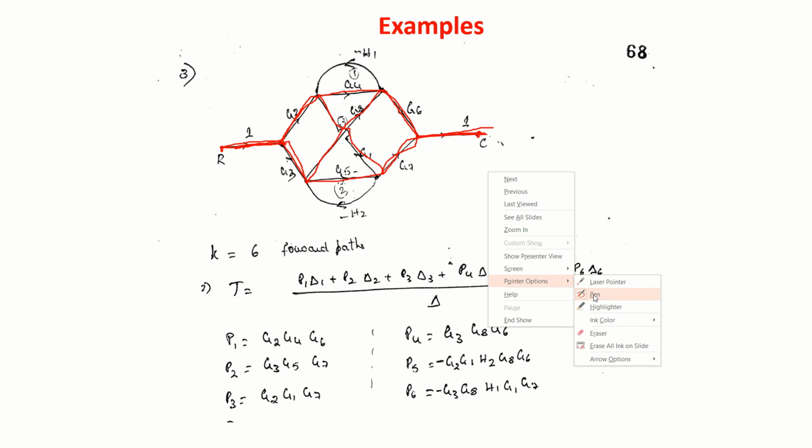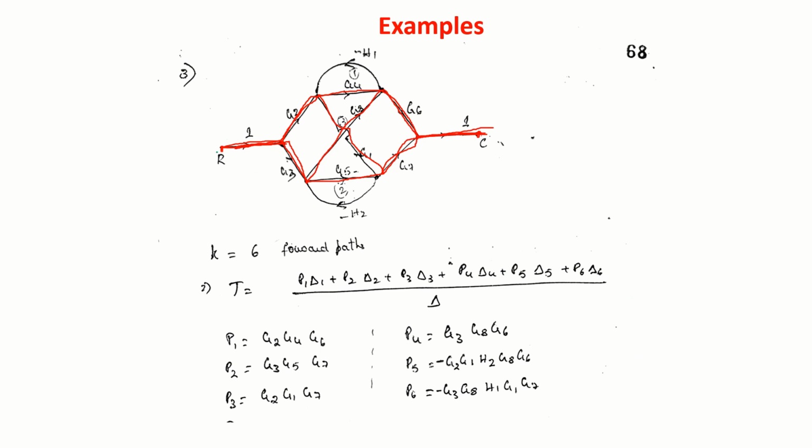Okay. Start here. Go like this. Go like this. Go like this. Go like this. I'm not crossing a node. Go like this. Go like this is one forward path. Next, start here.